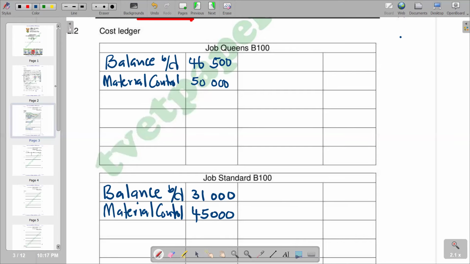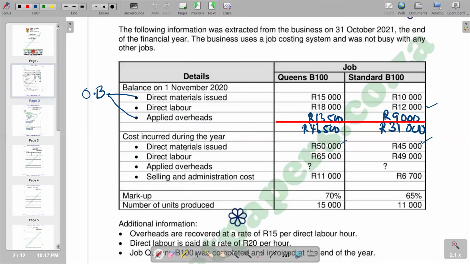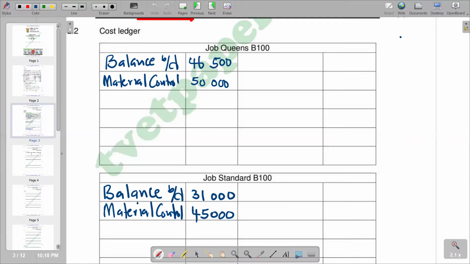So moving on to the next one, after material control, we've got the direct labor: 65,000 rands for Queens, and then 49,000 for standard. And this is going to come from the labor control. So we transfer the amounts.